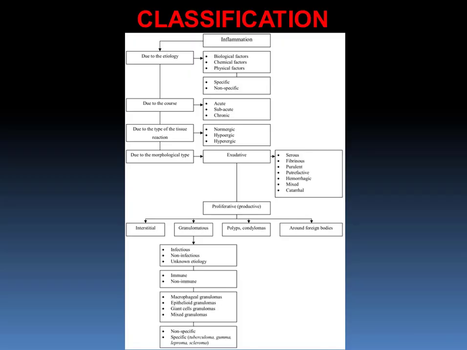Inflammation can be classified by several parameters. The first parameter is the causative factor. Such a factor can be of physical nature, chemical nature, and biological factors. The physical factors are radiation, electrical damage, high and low temperature, mechanical trauma, pressure, atmospheric pressure first of all.